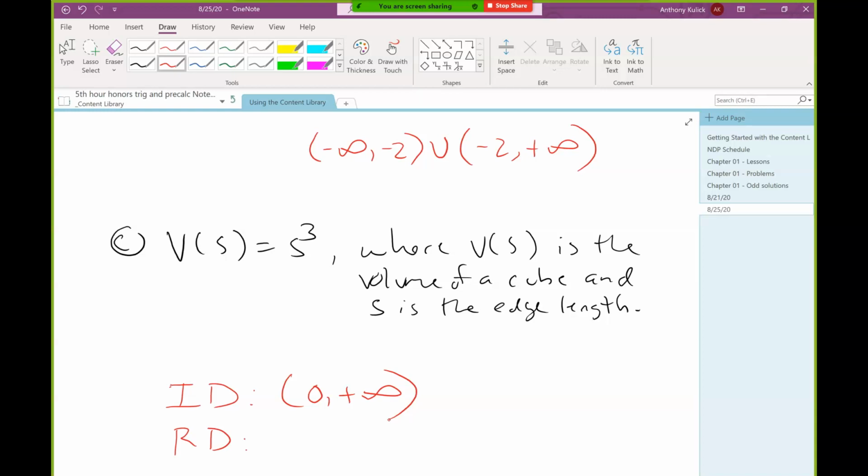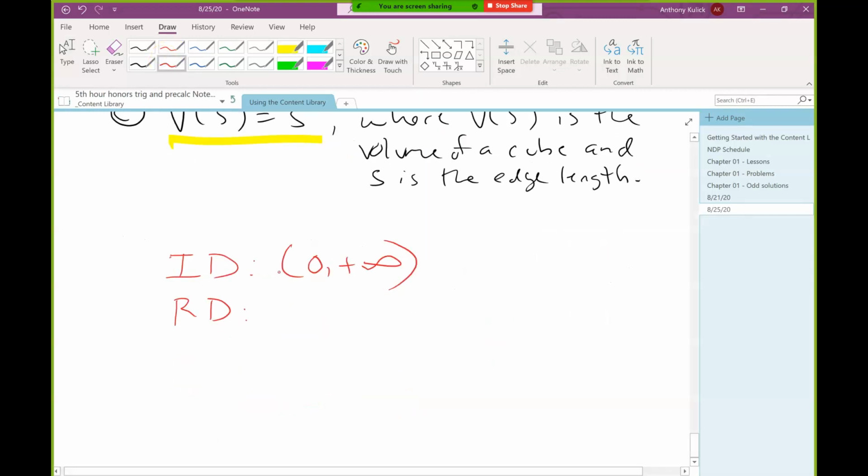Now, if I look at this function here, s cubed is what kind of function? Cubic or polynomial. Can I get in trouble plugging things into a polynomial? No, right? Never. So the relevant domain is going to be still the same thing as the implied domain, right? I can take any of those positive numbers, plug them into s cubed, and it'll spit out another value, right?